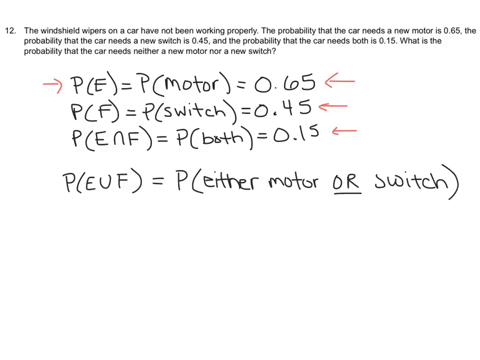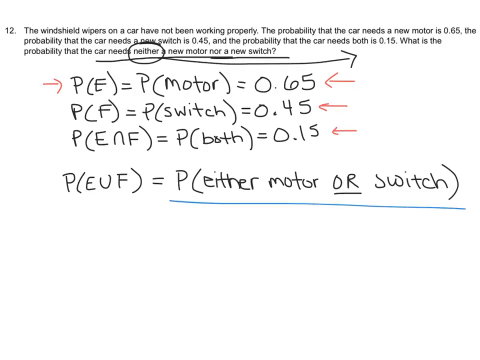Now if we go to our problem, we want to know the probability that the car needs neither a new motor nor a new switch. So this neither is really the opposite of the union. So the opposite of either a motor or a switch is neither.